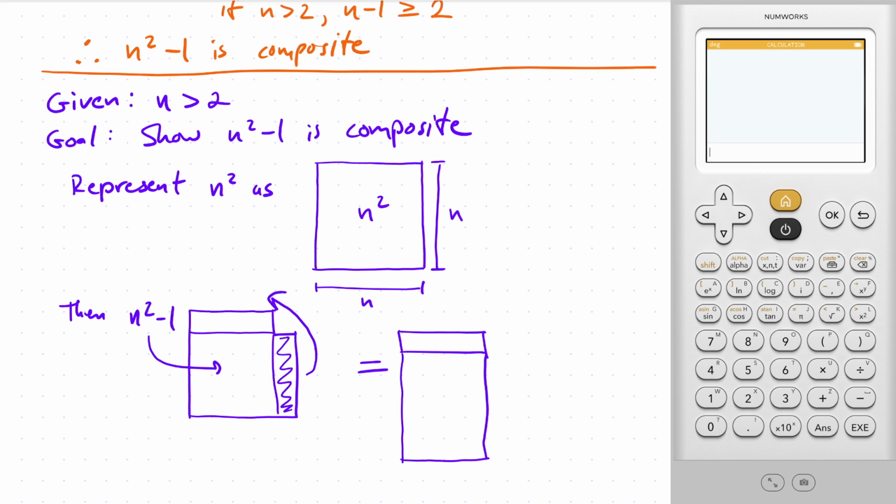So notice that this right here happens to be n minus 1. And this right here happens to be n plus 1. So this is reminiscent of our algebraic proof from up above.